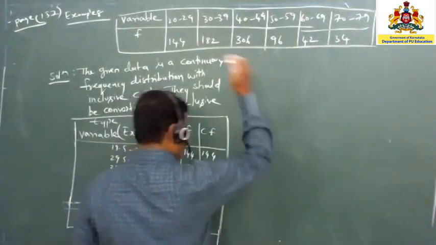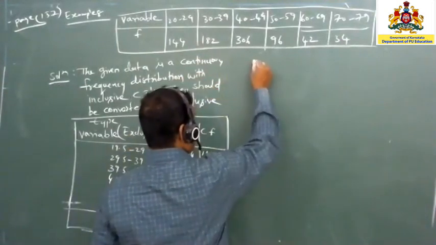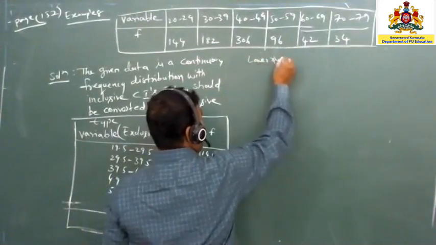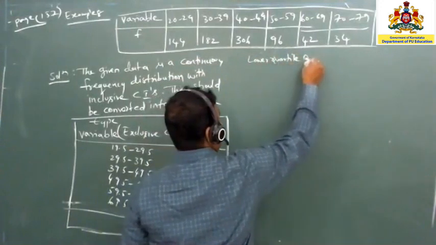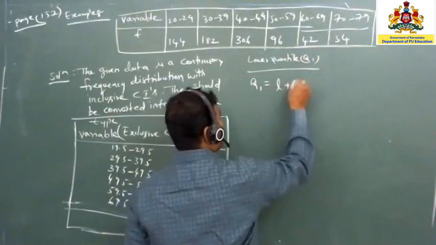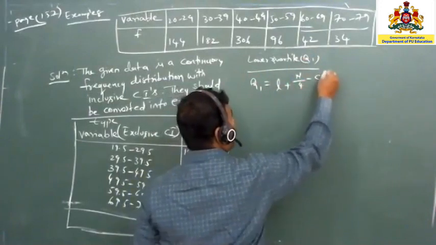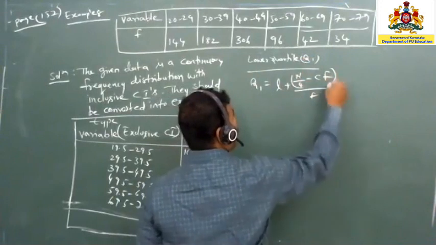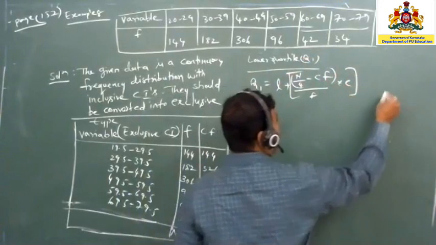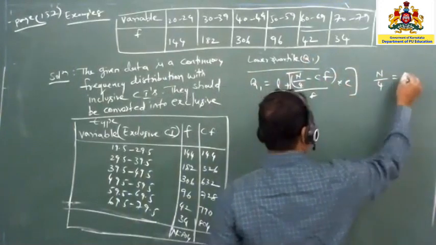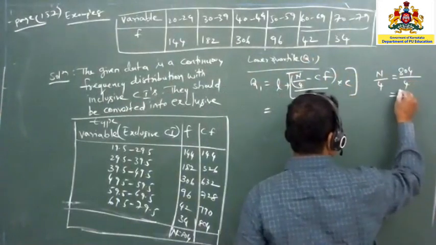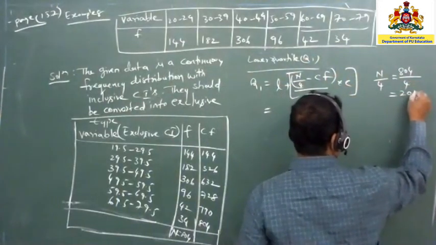Now come to the calculation of partition values. Lower quartile Q1 equals L plus (N by 4 minus CF) by F into C. N by 4 equals 804 by 4, which is 201.